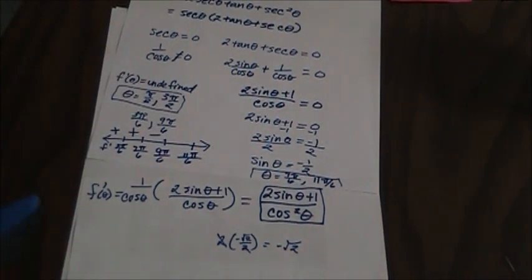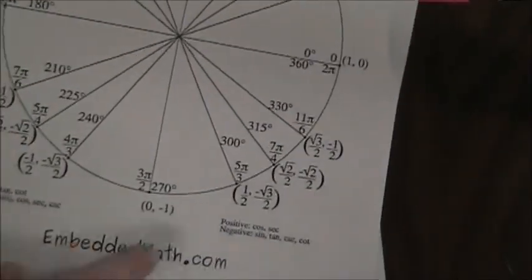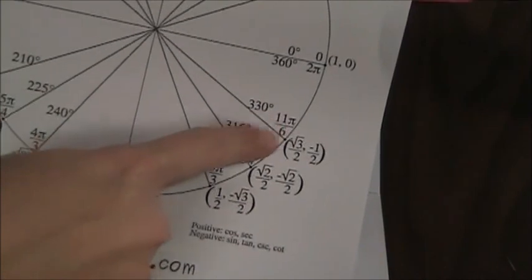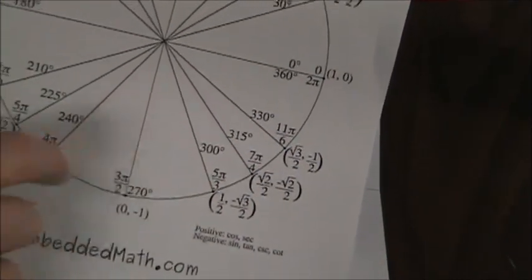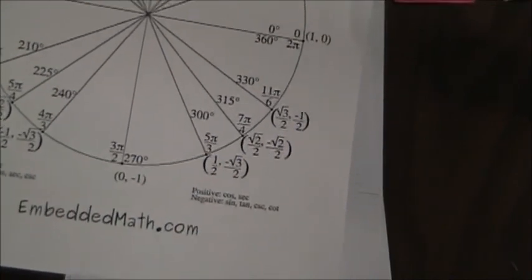Our last interval is 9 pi over 6 to 11 pi over 6, which is in the fourth quadrant. So 3 pi over 2 to 11 pi over 6 is in this fourth quadrant. And that makes our x positive, but our y negative. And so I can really think in the same way that I just did for my y values, because I still have a negative square root of 2 over 2 for a y value.